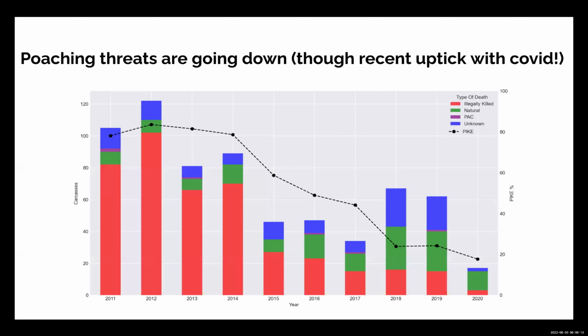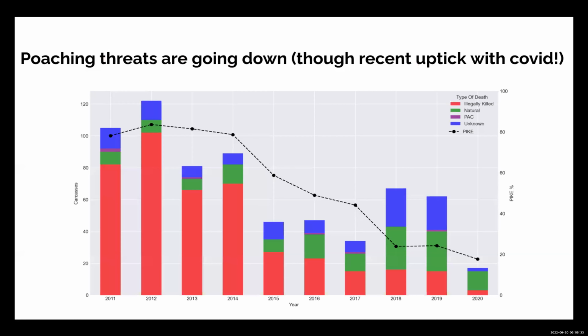Though unfortunately with COVID and the complications around ecotourism no longer being financially viable, there was an uptick. It's not in this plot, but in 2021, we saw some growth in poaching. But just because poaching is going down does not mean that the animals themselves are not at risk.